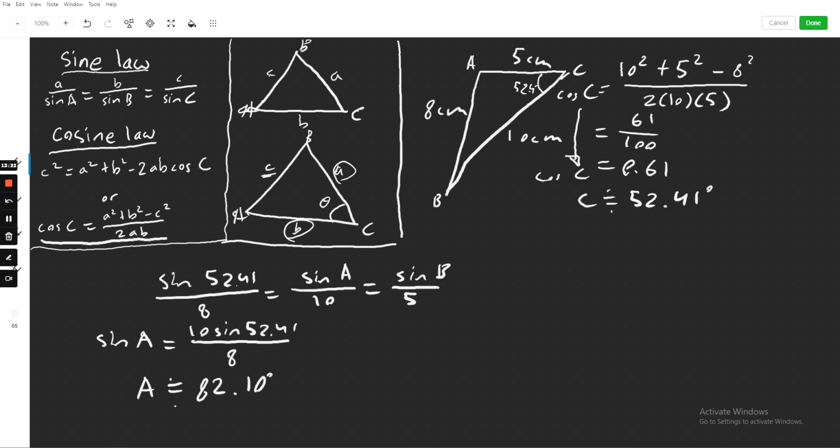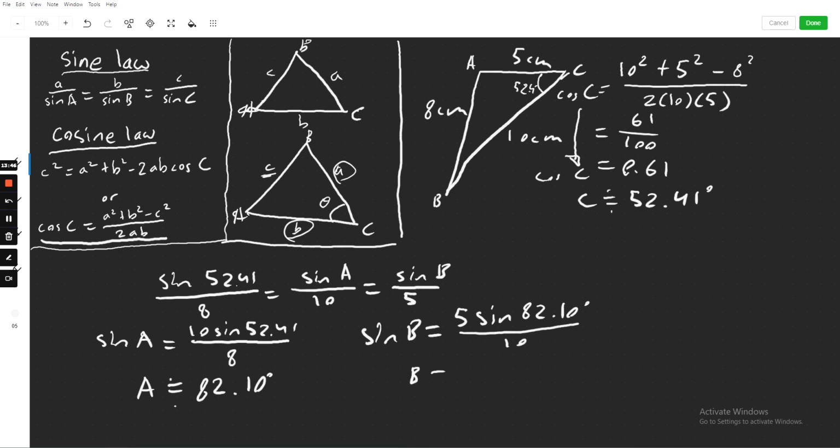82.10 degrees. And then for sine B, the same thing: sine B is equal to 5 times sine 82.10 degrees over 10.